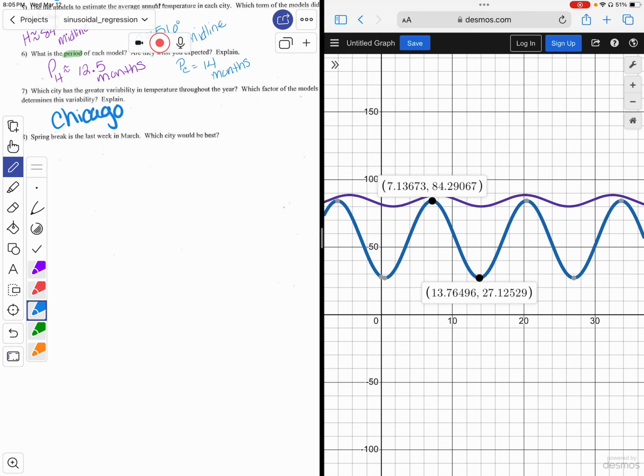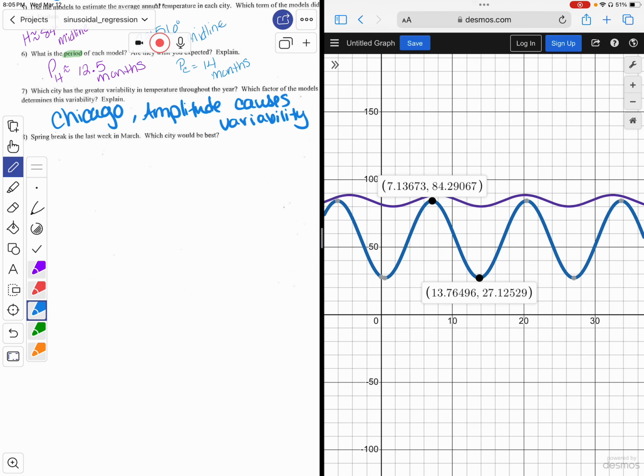So Chicago is a lot more variable in its data. And the key feature that determines variability is the amplitude. The higher the amplitude, the more spread out the data is. The smaller the amplitude, the closer the data is.